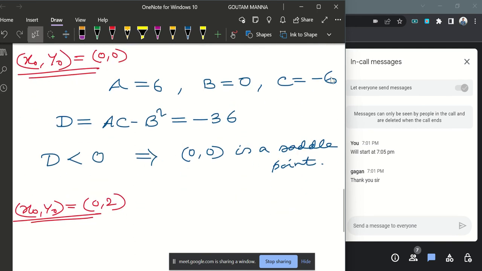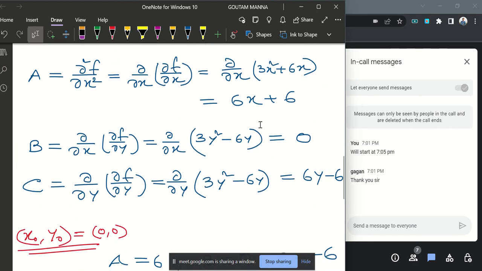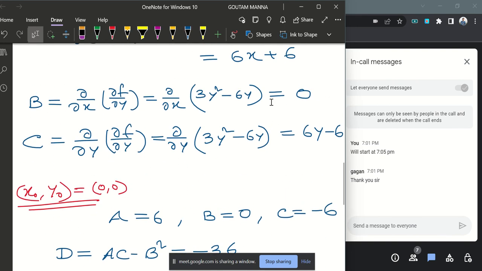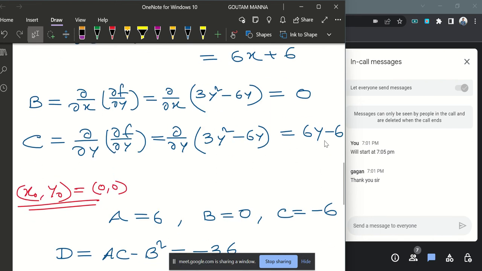So for this point, A is 6x plus 6, and if you put x equal to 0, then it will be 6. So a is 6, b is always 0, it doesn't depend on x and y, and c is 6y minus 6.